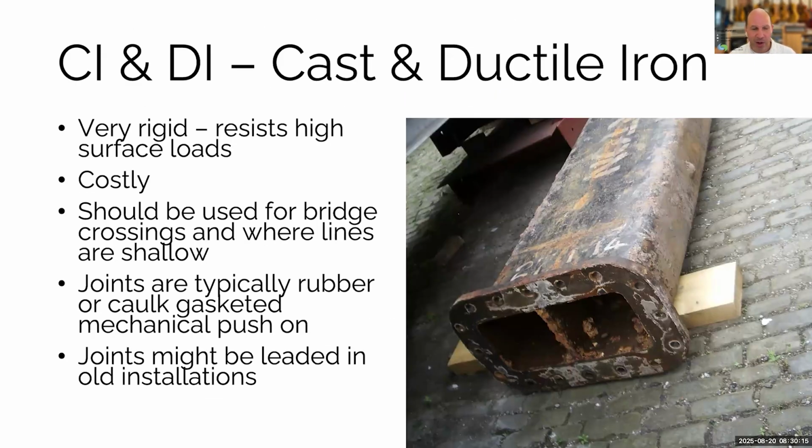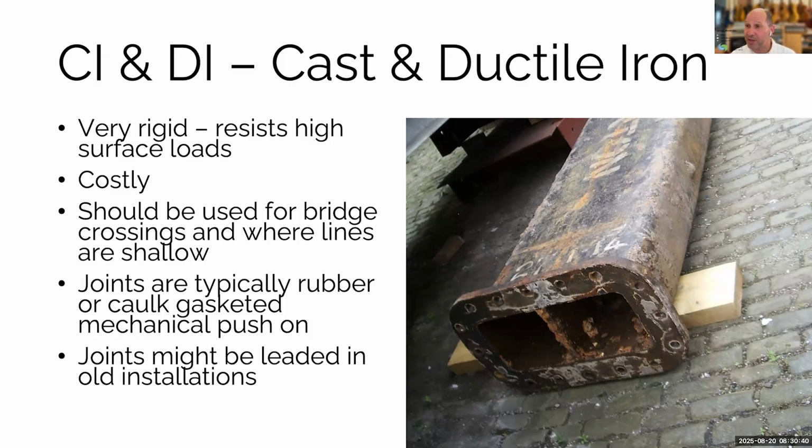Cast iron and ductile iron were used broadly at certain times in the past. Now they're typically only used in very specialized situations, typically for bridge crossings. And in some cases where lines are very shallow, there may be a section that is designed to have a ductile iron or cast iron pipe. They're typically rubber gaskets or mechanical push-ins.